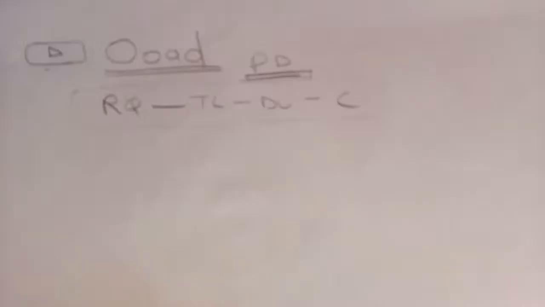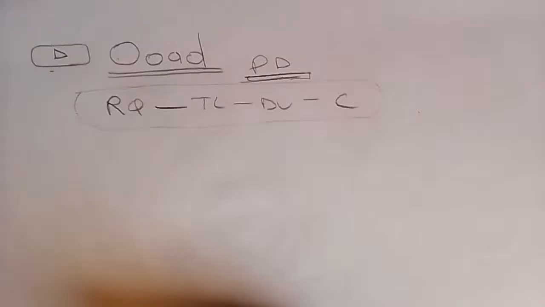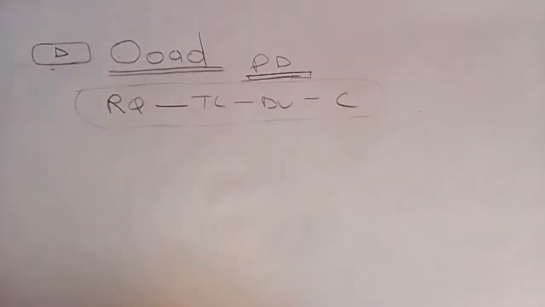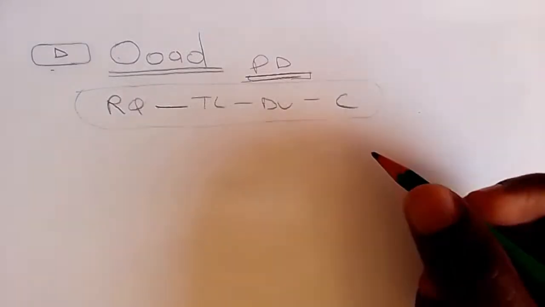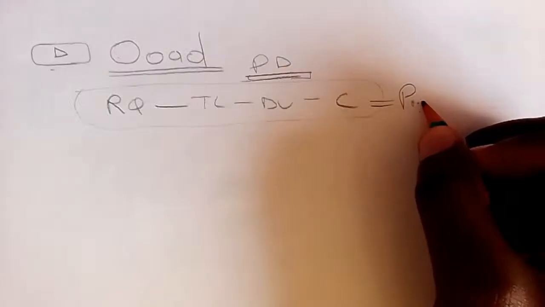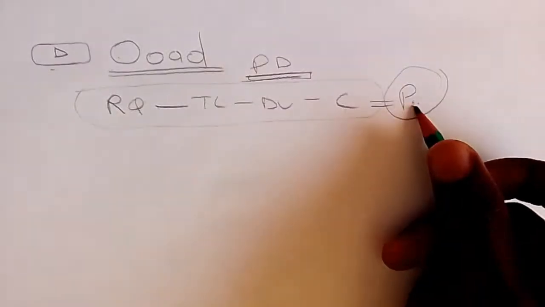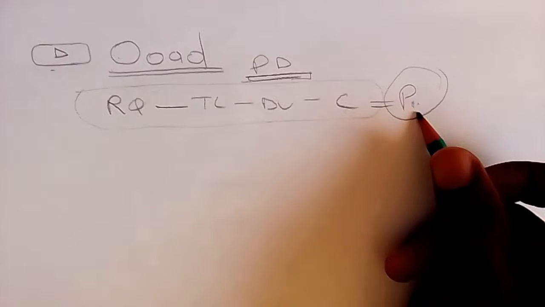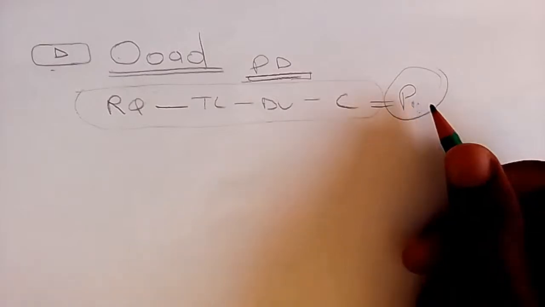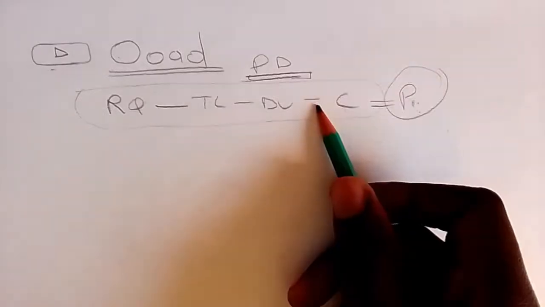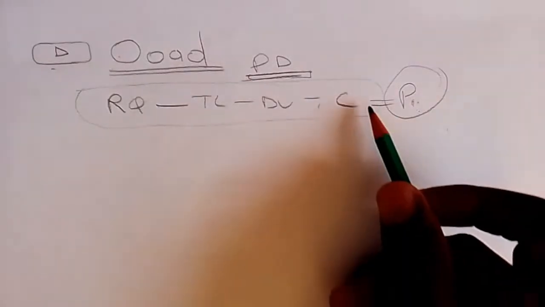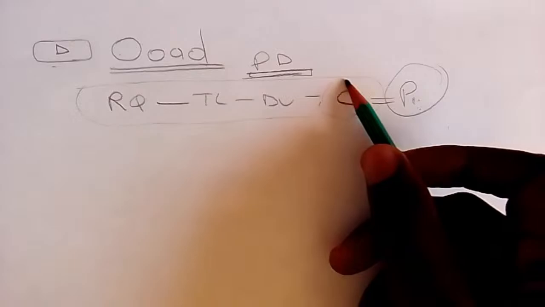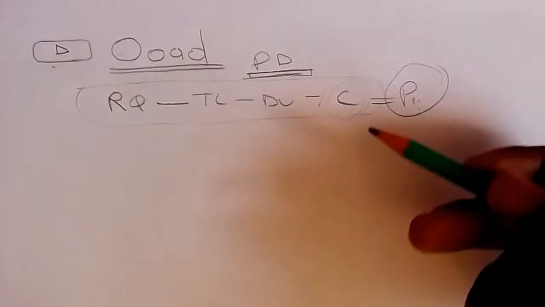At least there is a formal method that helps them make sure that when they reach the coding stage, they get a perfect system, or at least a close to perfect system. Number one, it is easy to understand. Number two, it has a reference point, meaning that when they want to discuss a feature, they don't have to open Visual Studio Code or whatever code editor they are using and start discussing the feature.